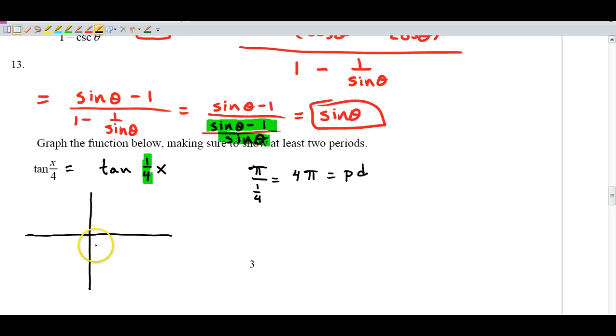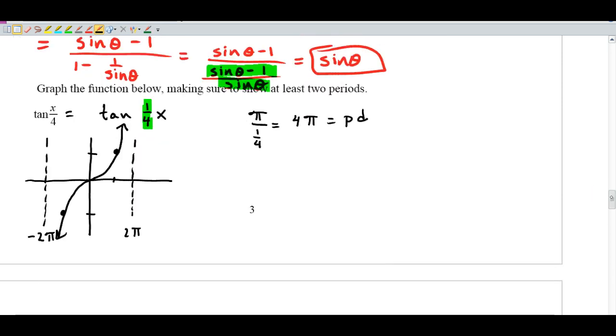This one does the same thing, only my period is 4 pi, so I'm going to go 2 pi on the right, and I'm going to do 2 pi on the left, and this is actually negative 2 pi, and halfway is pi, so it's going to be 1 here, and halfway here is negative pi, and it'll be negative 1 here. And tangent functions are asymptotic, so I twist here and here. And there's 1 period of that tangent function.